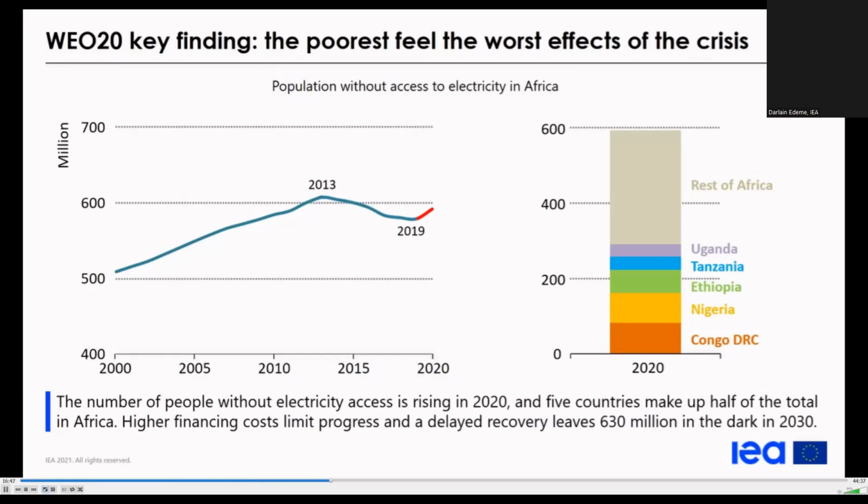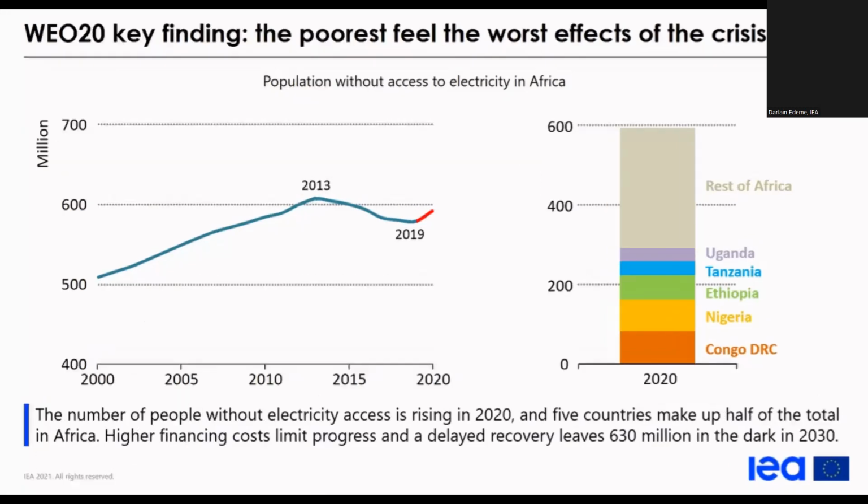So we estimate that in Africa, 30 million people could lose access to electricity, and by the end of the decade, under current policies and trends, we would expect that 630 million people would still be in the dark.